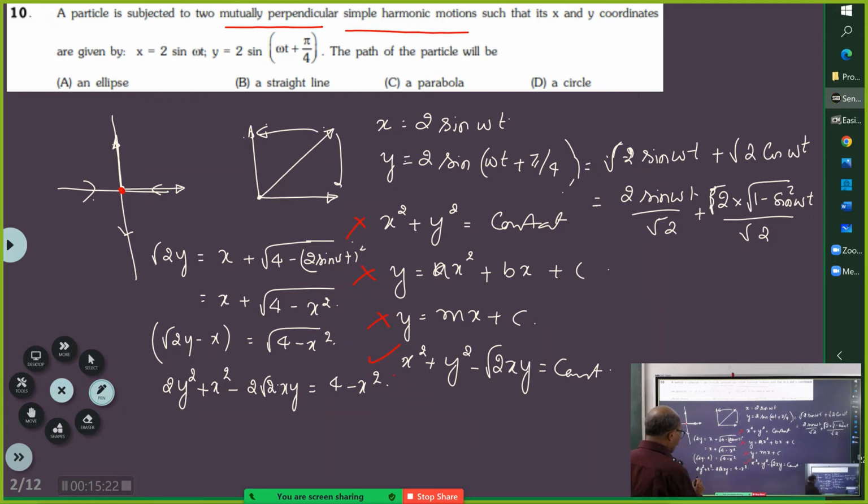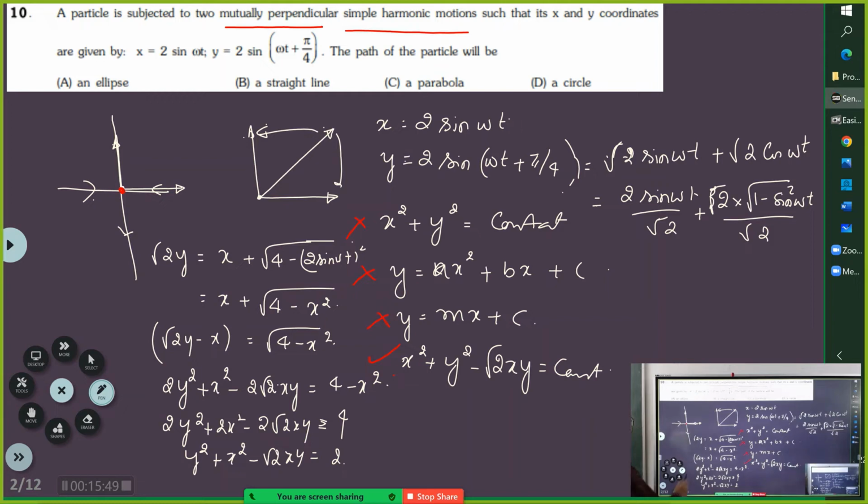If you take it on the left hand side, you will get 2y square plus 2x square minus 2 root 2 xy equal to 4. Right? 2 you can cancel throughout the equation. You get x square minus root 2 xy is equal to 2. Okay, good. Thank you. So it's confirmed that it is an ellipse.